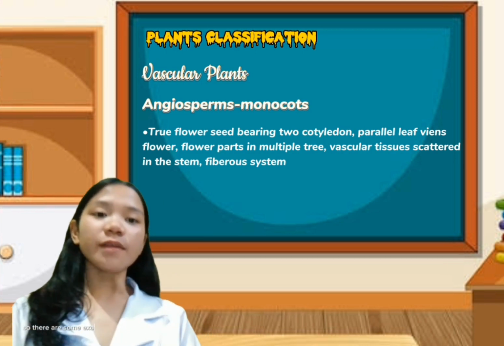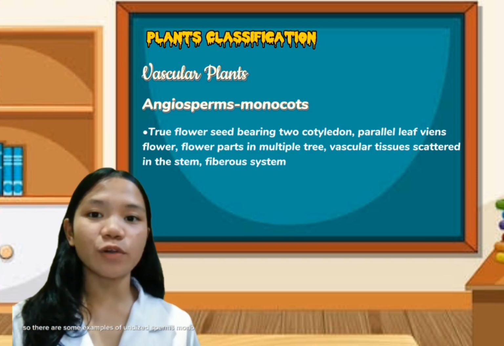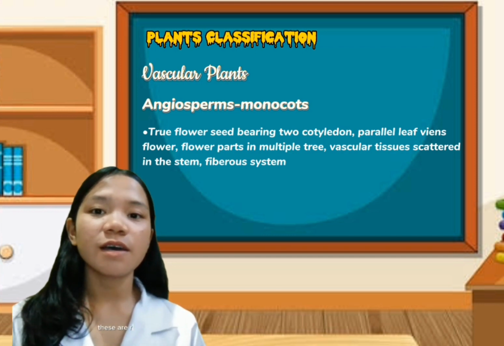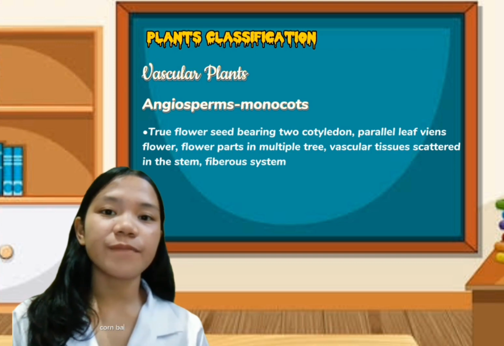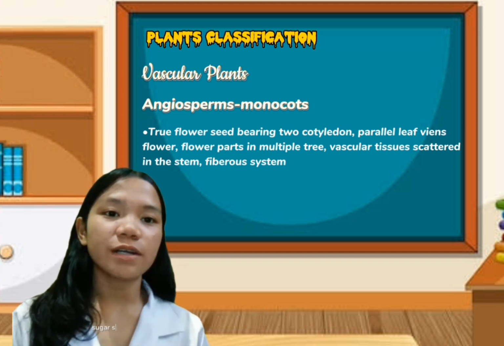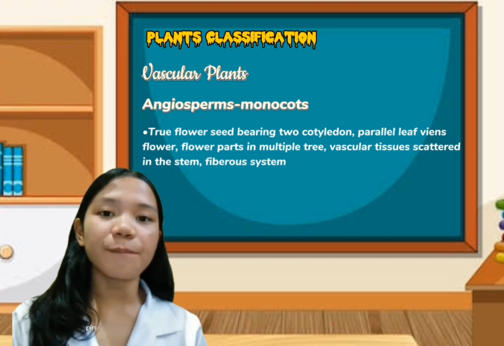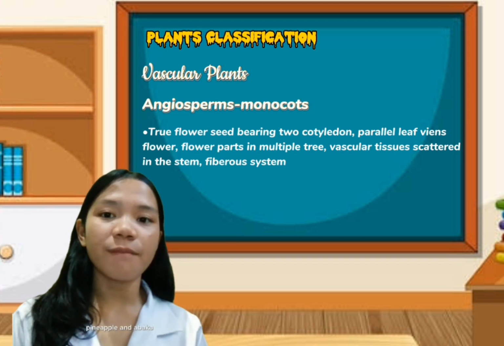Some examples of angiosperm monocots are rice, corn, banana, coconut, onion, sugarcane, bamboo, lemon trees, lemon grass, pineapple, and abaca.